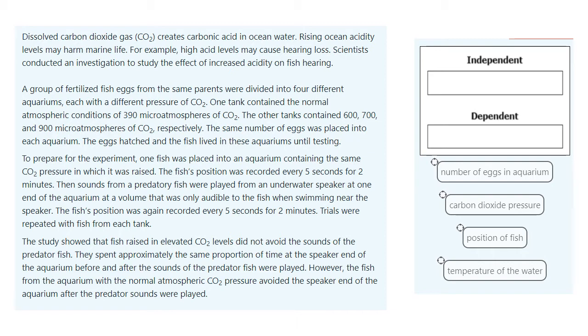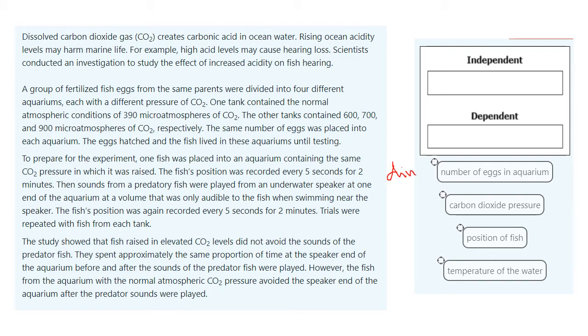So, a group of fertilized fish eggs from the same parents were divided into 4 different aquariums, each with a different pressure of CO2.